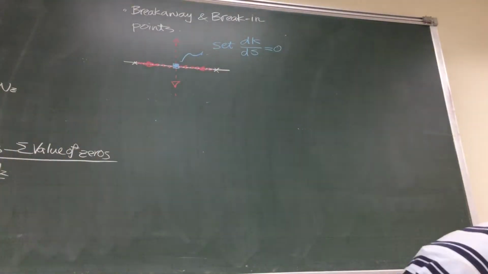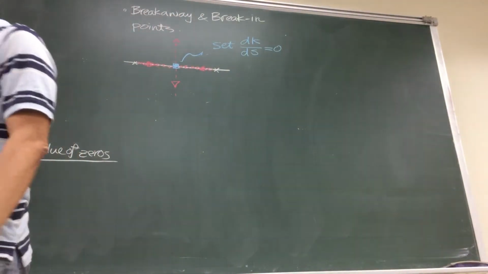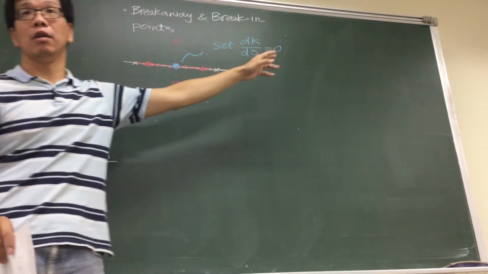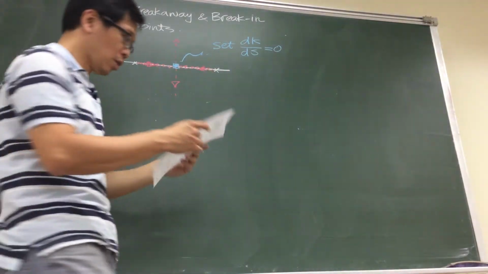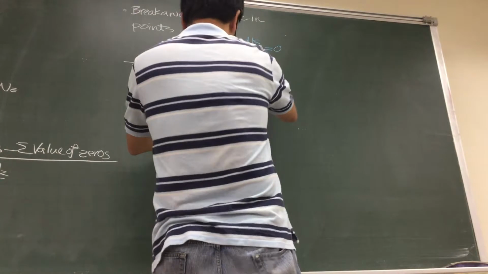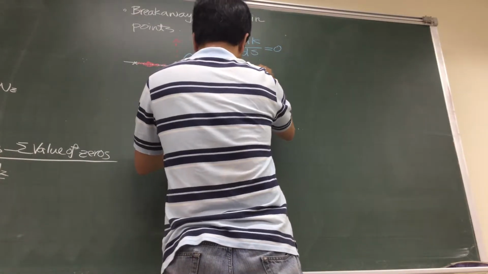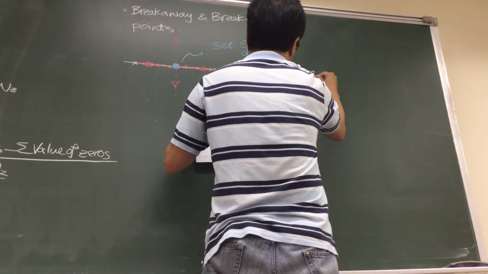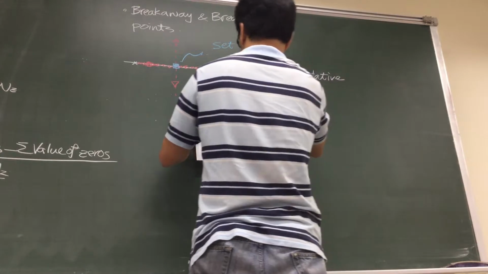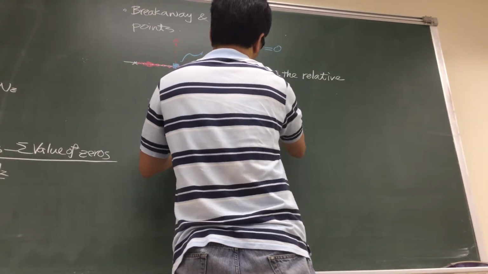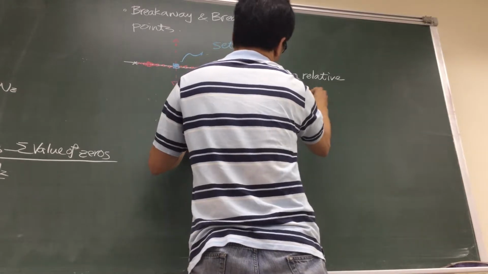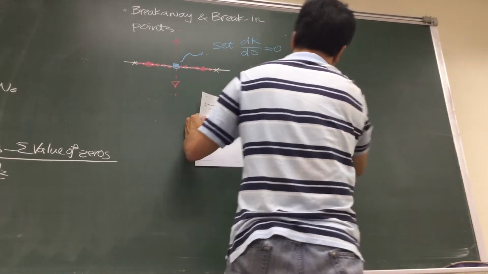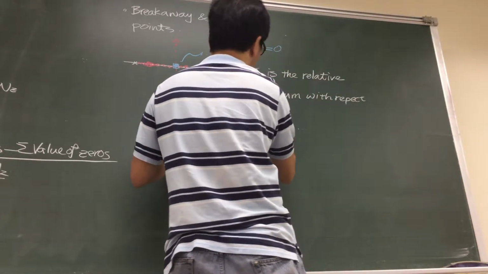When we say we want the differential of one number, it means that I'm trying to find my local maximum or local minimum. So when we do that, K is the relative maxima with respect to S.